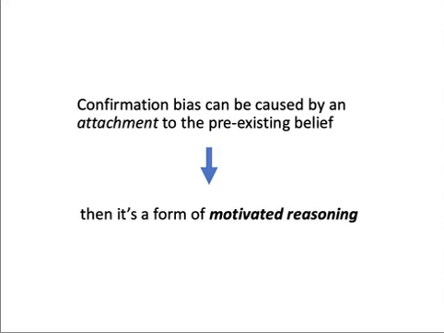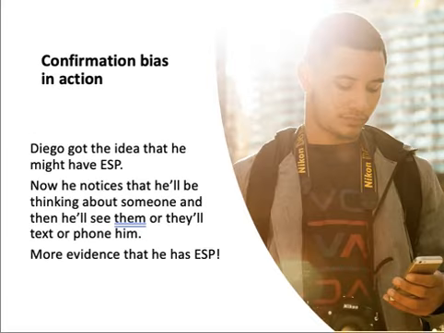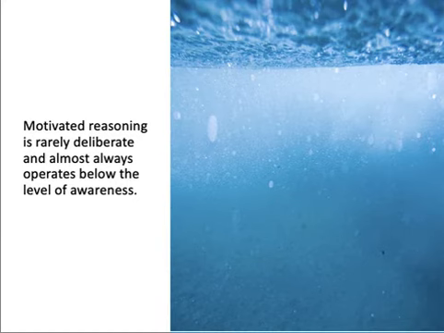And if you have this great attachment to that belief, then you can be motivated to only focus on cases in which it is confirmed, i.e., the cases when you do think of someone and they call you, and to ignore the cases in which someone comes to mind, but then nothing happens. Okay, and this is a case in which confirmation bias is motivated by your attachment to your beliefs.